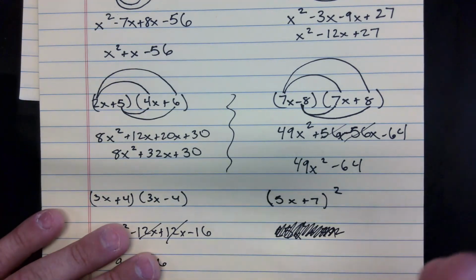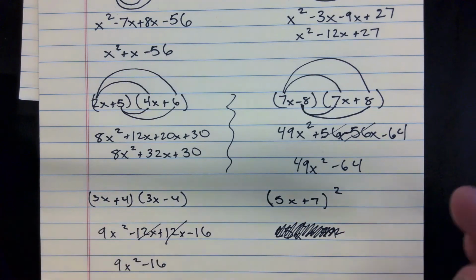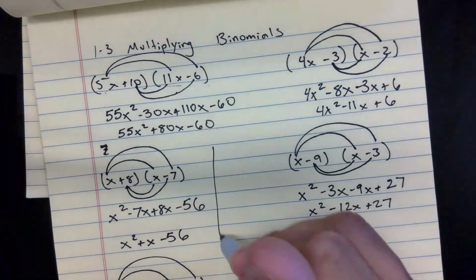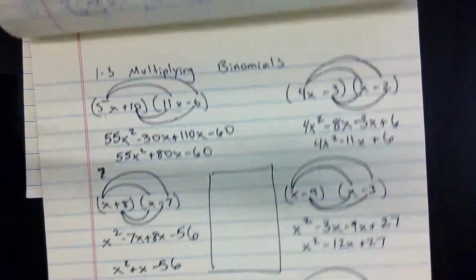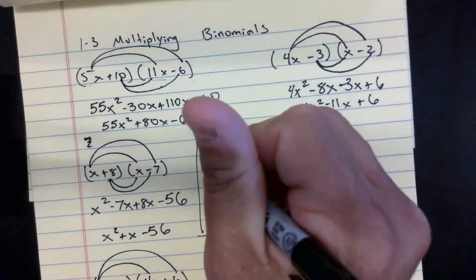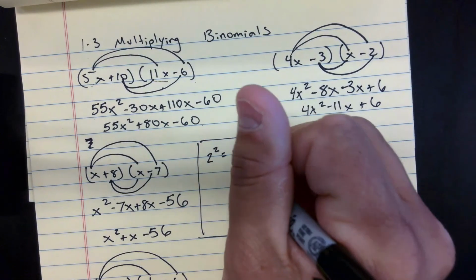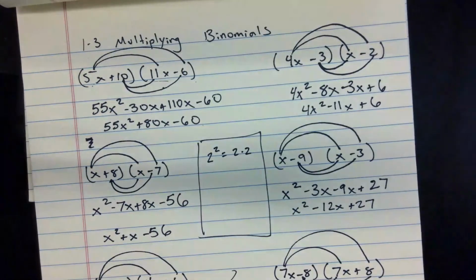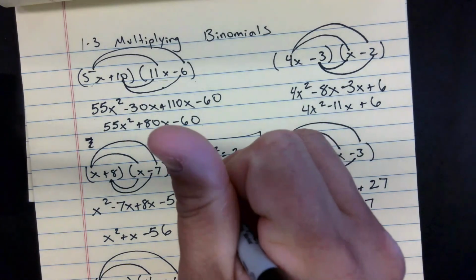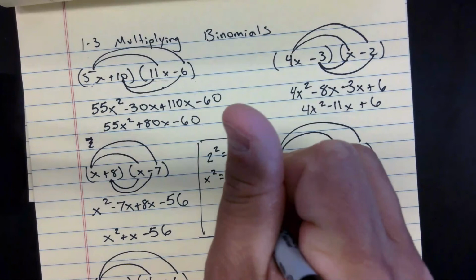Watch. Hey, little side banter here, so ignore this square, but I'm going to write it in just for a second. If I have 2 squared, that's like writing 2 times 2. If I have x squared, that's like saying x times x.